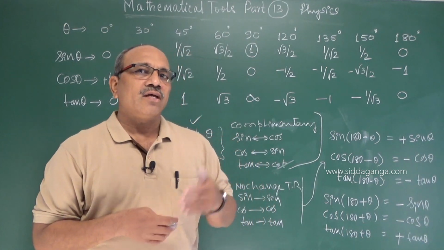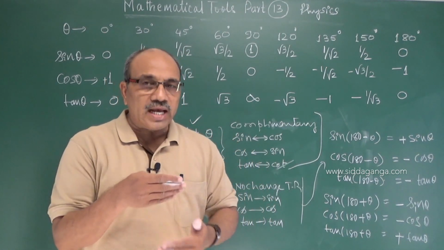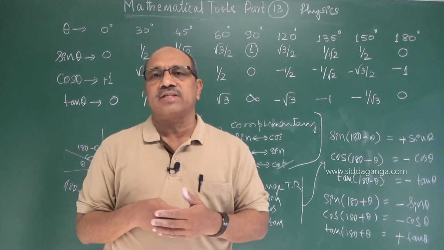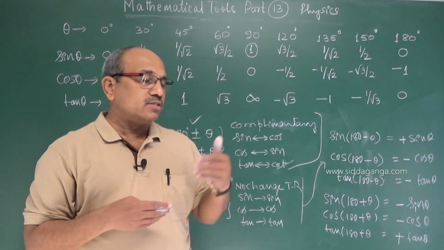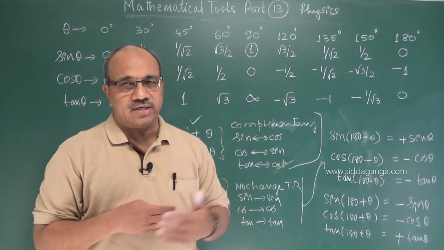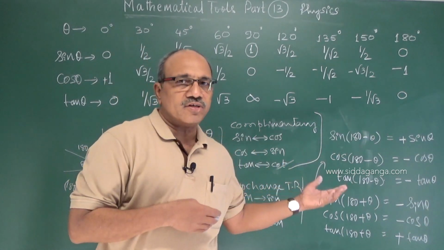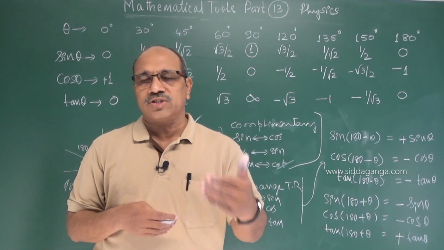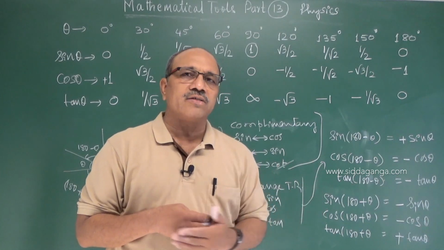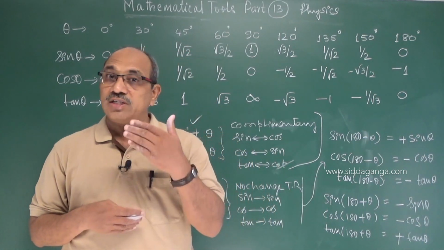But again, when you go to the allied angles, round the clock of the circle, 360 degrees, when we are measuring the angles in the first, second, third or fourth quadrant, one of the important tricks mentioned to you is that in the first quadrant all are positive: sine, cos, tan. In the second quadrant only sine is positive.